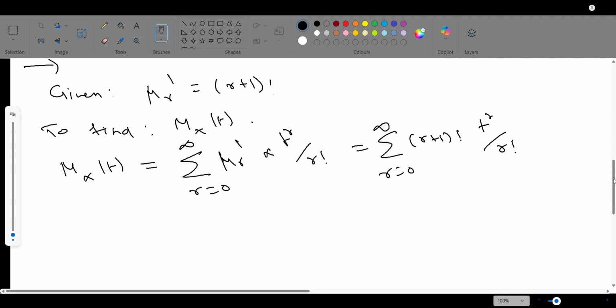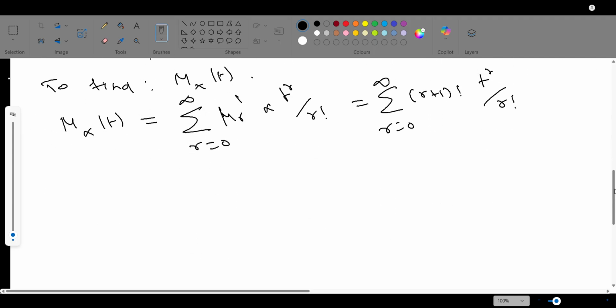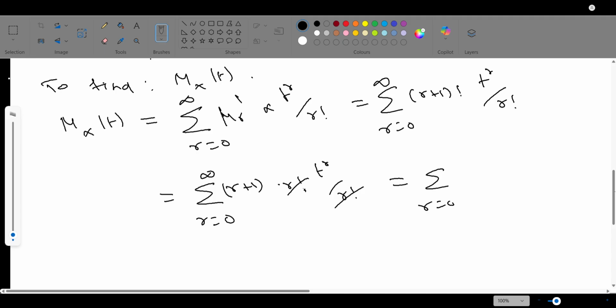When we split the r plus 1 factorial into r plus 1 into r factorial, we can cancel these two things. It comes as summation r equal to 0 to infinity r plus 1 t power r.